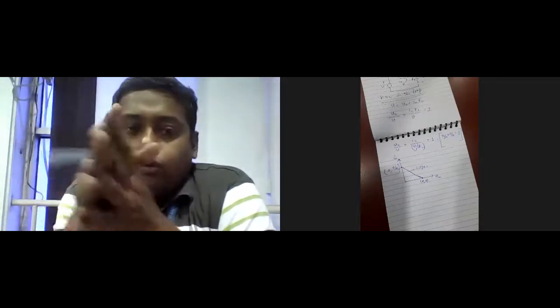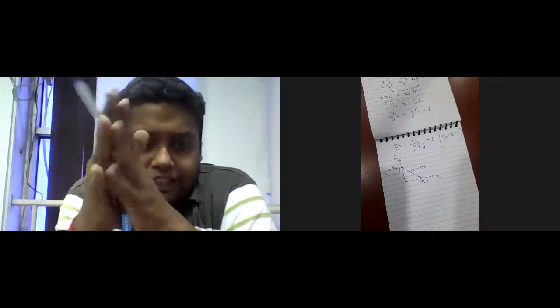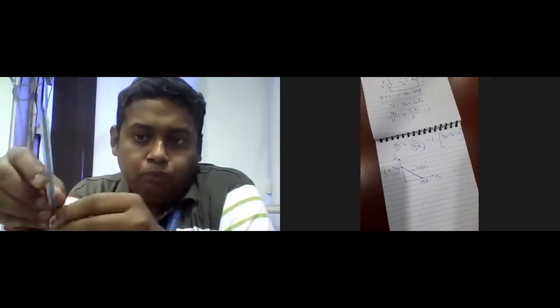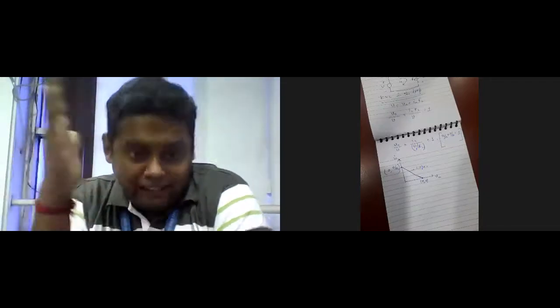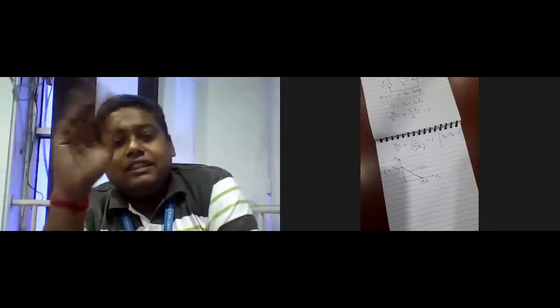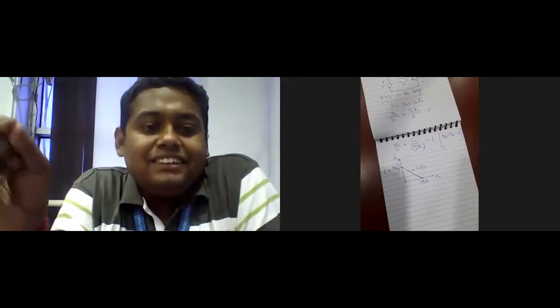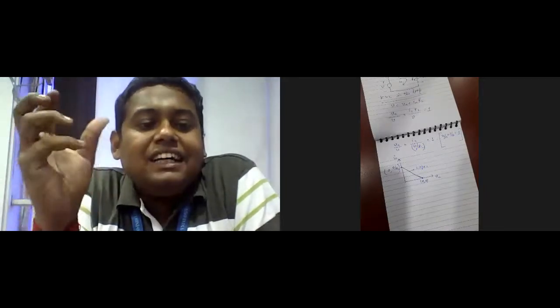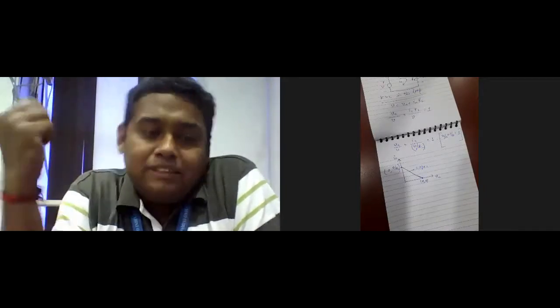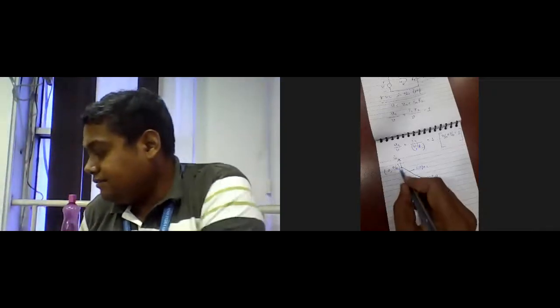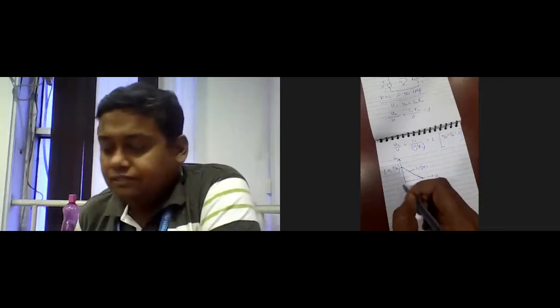Now, from that equation, can you compare and tell me what the slope of this DC load line is? Compare using the formula y is equal to mx plus c. And c is definitely V by RL, because this is the y-axis.